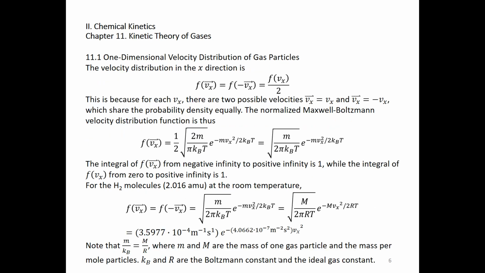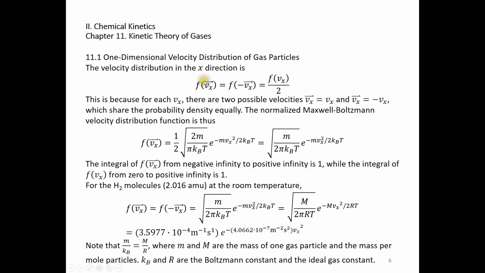Now let's look at the velocity distribution. The probability density of velocity over here is equal to the probability density of negative velocity, because it should be symmetrical. If you have a speed of 5 meters per second, it's equally likely to have this particle moving towards the positive direction versus the negative direction.